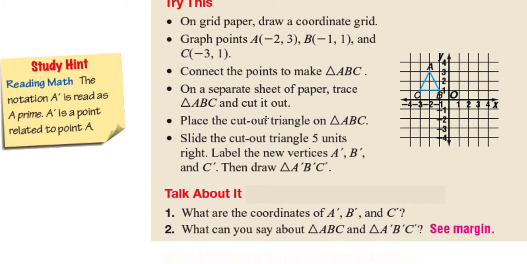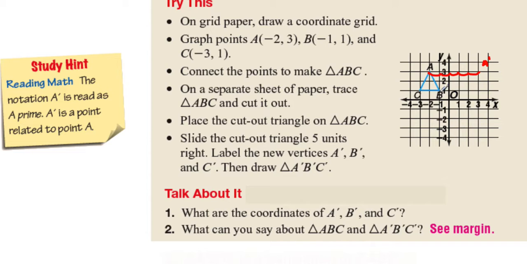Since I'm not cutting out the triangle, what I'm going to do, since it's saying slide it 5 units to the right, it also means that we move all the points 5 units to the right. So if we move point A 5 units to the right, this will be 1, 2, 3, 4, 5. This will be A prime right there.